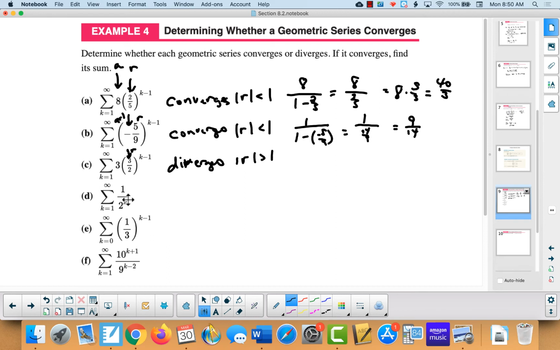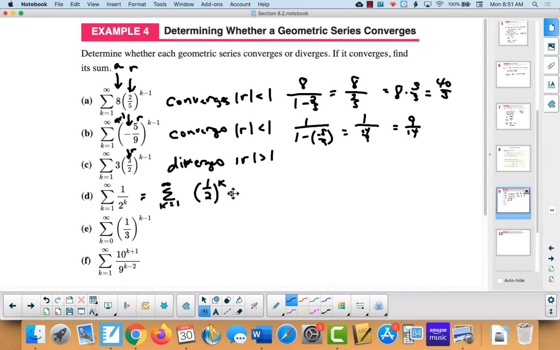Now, this one is not in the form that it needs to be, so we need to change this so that it is. So what we can do is make that 1/2 to the k power, because 1 to the k power is always 1, and so that we can make this 1 to the k, 2 to the k, and then we can pull out that k.